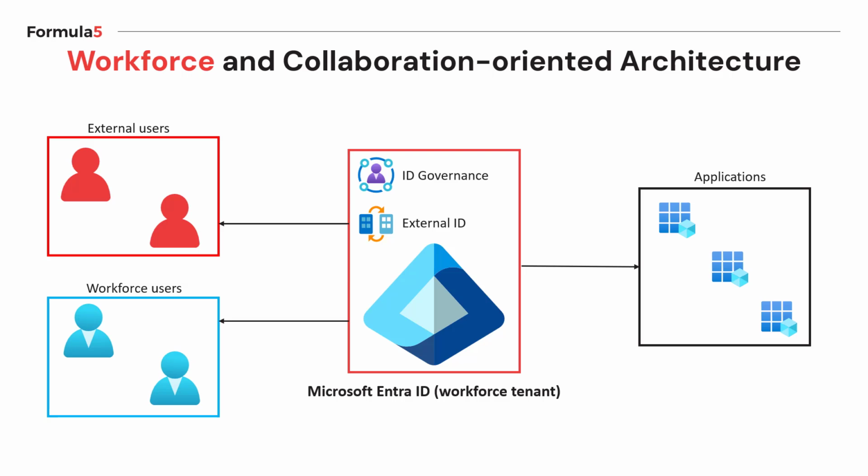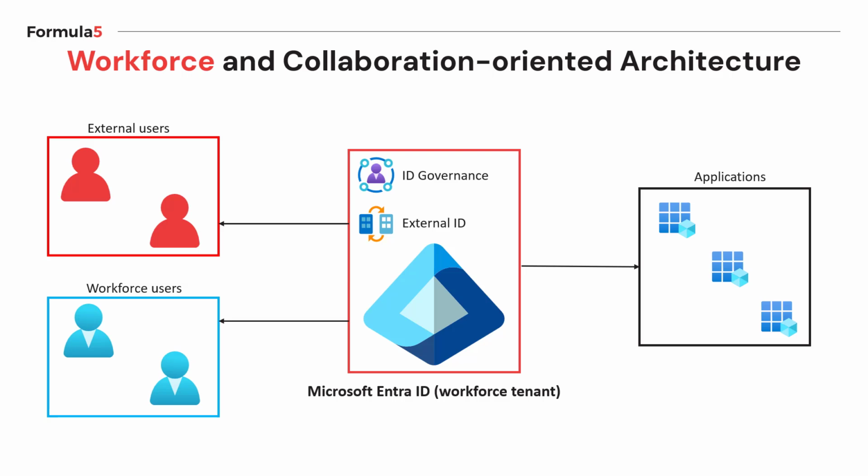We have our Entra ID workforce tenant, standard Entra ID tenant, where we have our applications. We have ID governance enabled. We have external ID enabled. And this tenant is used with workforce users and also external users like business partners. But your organization can decide, hey, we want to have this separation also for customer-facing applications, for external applications that are only used by external users.